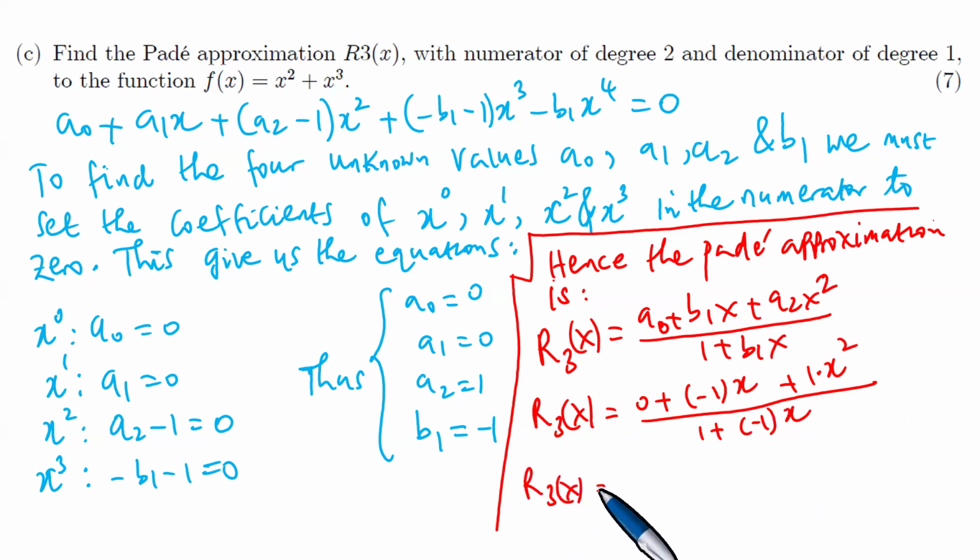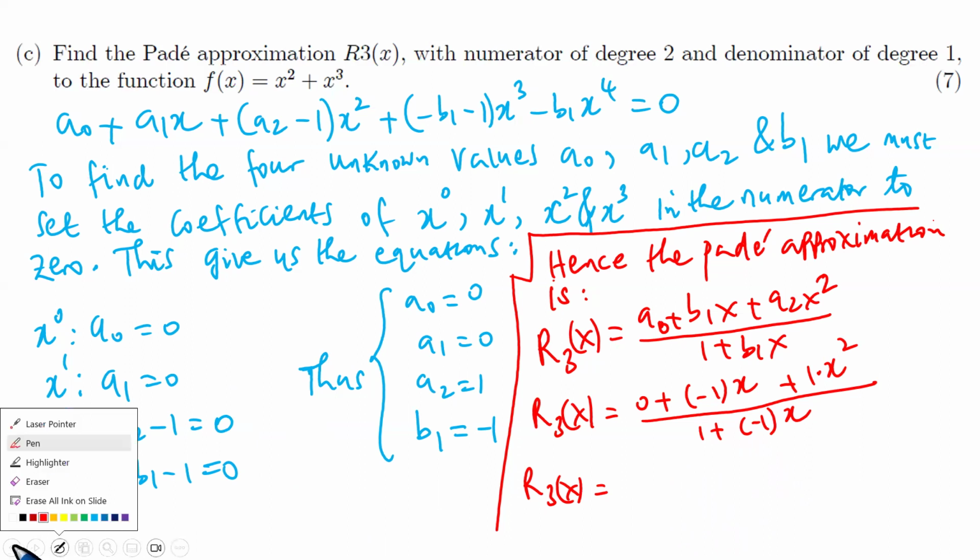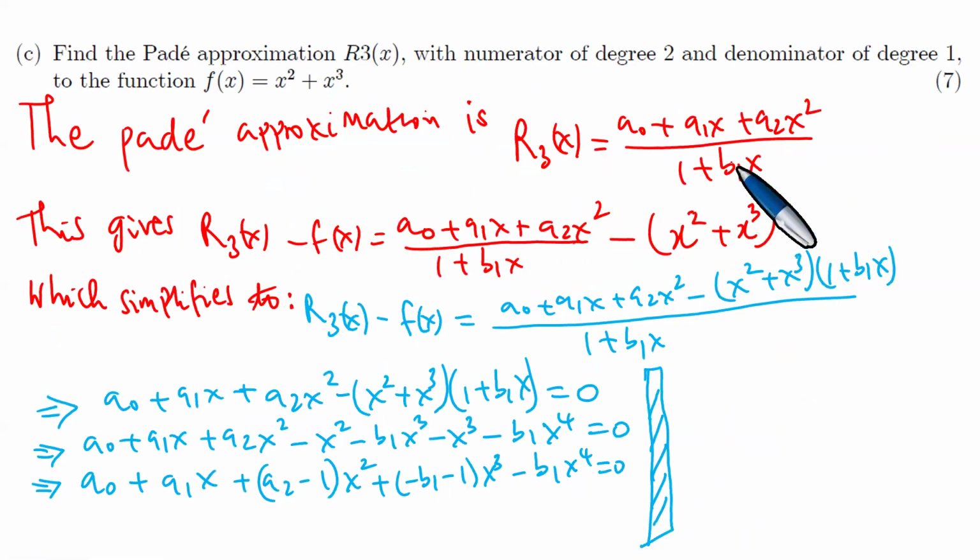Meaning this R3 of X becomes exactly the following. So what then we're going to get here becomes exactly the following. Okay, this one is A1X, A1X, A1X, A2.